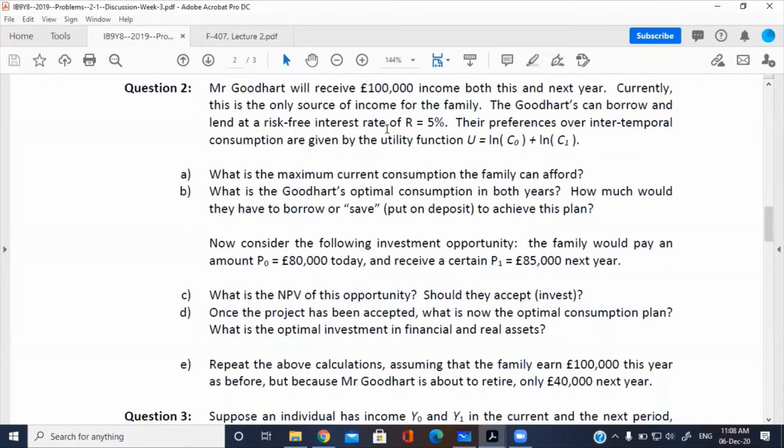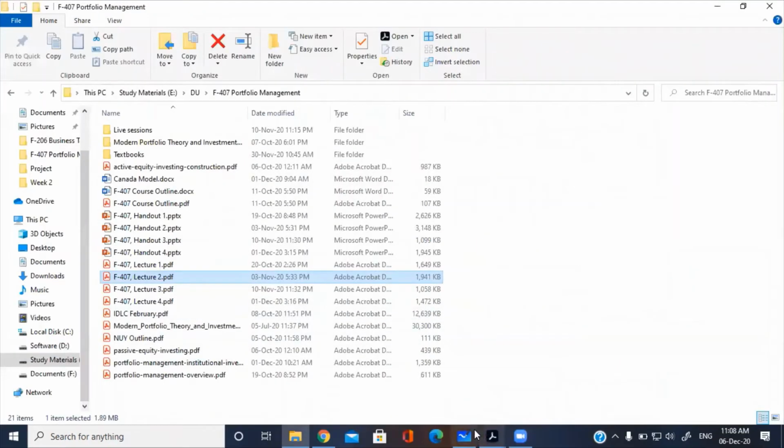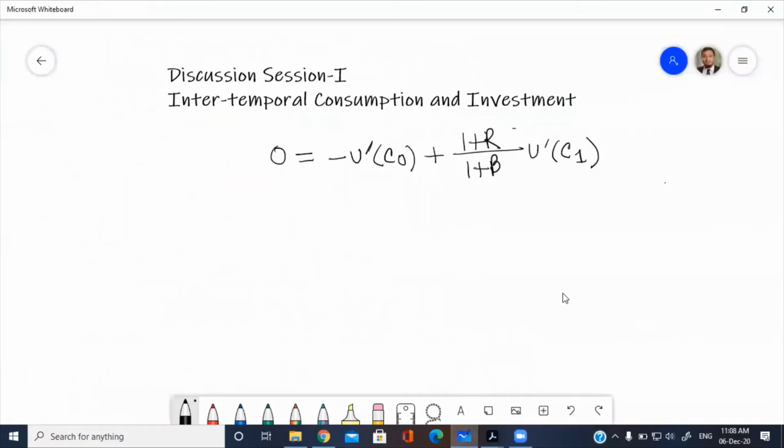Can you recall that beta reflects the impatience parameter? We have no information about it, so we can assume that beta is equal to 0. And we have been told that the risk-free rate is 5%.